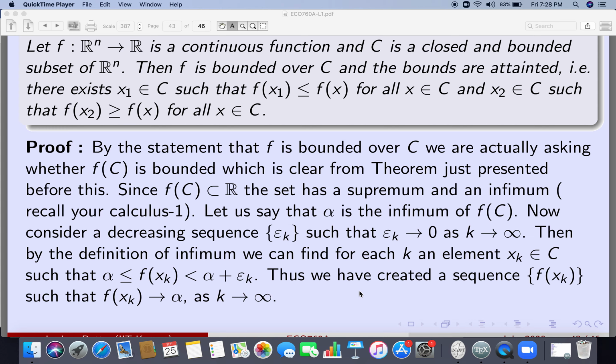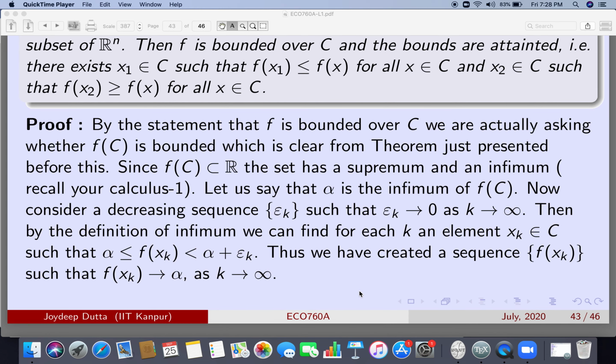So what happens? You take alpha to be the infimum of f of C. If you remember the definition of infimum, infimum means the greatest lower bound. Anything greater than that cannot be a lower bound. So let me take a decreasing sequence epsilon k strictly bigger than 0, with epsilon k going down to 0.